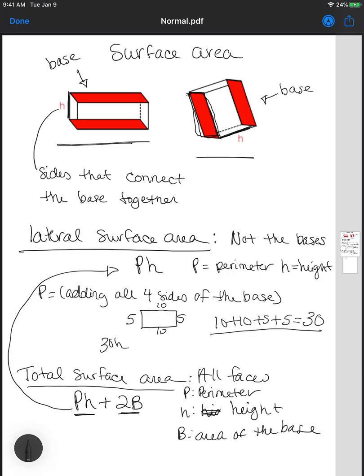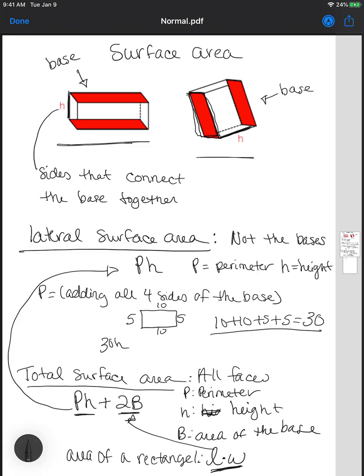So in this situation, the shape of the base is a rectangle. So to find the area of a rectangle, you would do length times width for that one. And then add it into the big B.